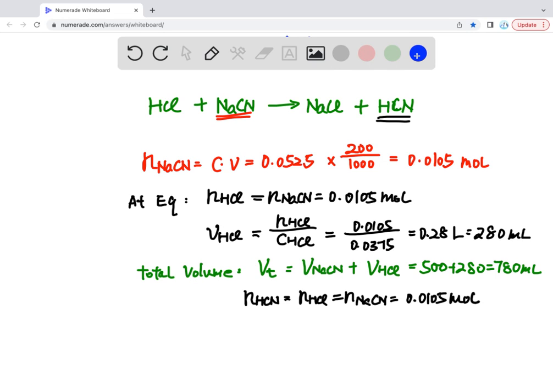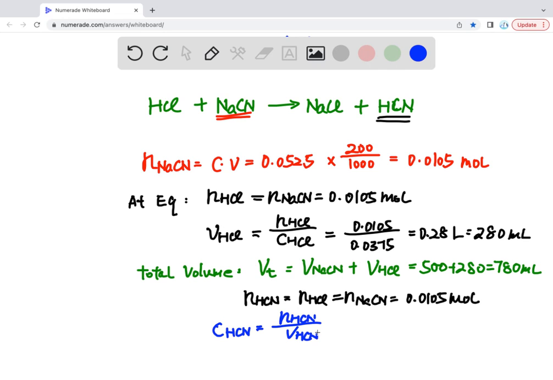So in this case, we can calculate, after the titration, the concentration of the HCN equals the moles of the HCN over the volume.